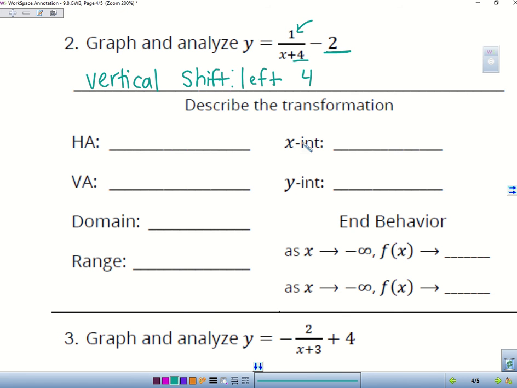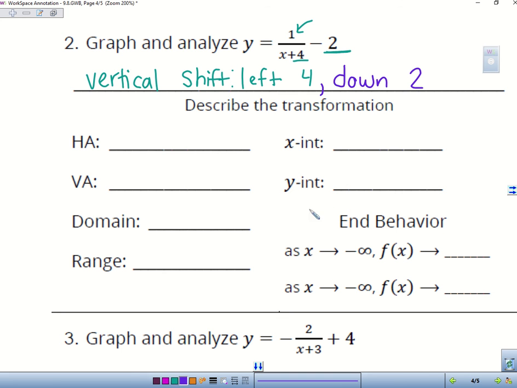Everybody see why it's left 4? Because h is always backwards, right? And then what's the other thing? Down 2. Which means we're going down 2, right? Does everybody see how I identified that? Okay, I'm just making sure.